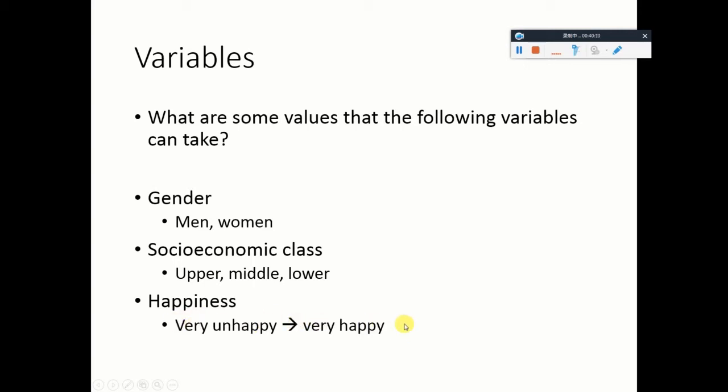So this continuum from very unhappy to very happy will contain all the values for this variable happiness. See here, for these three variables, we don't have any numbers attached to them. They're all words. But still, as we just said, these words are just as much values as numerals to a variable. They describe the different states of a concept that we say will change.